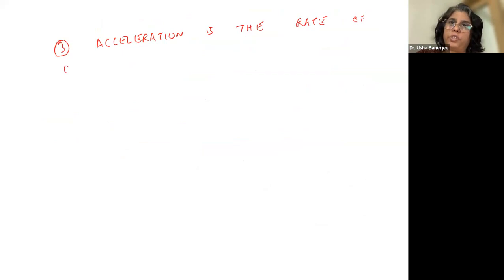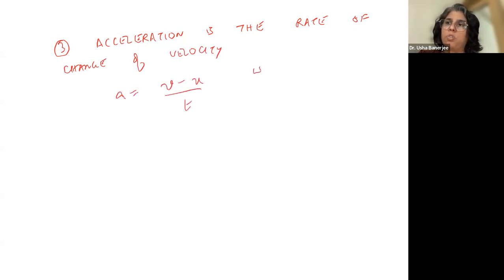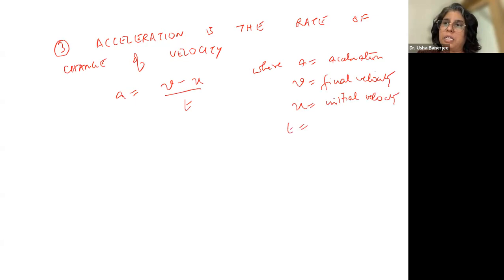Now coming to acceleration. I have acceleration in the formula now. So acceleration is the rate of change of velocity. So a is equal to, these alphabets are always used. So a is the acceleration, v is the small v, final velocity. I know you did this in class 6. u is the initial velocity, I don't know if you have done it like this. t is the time.